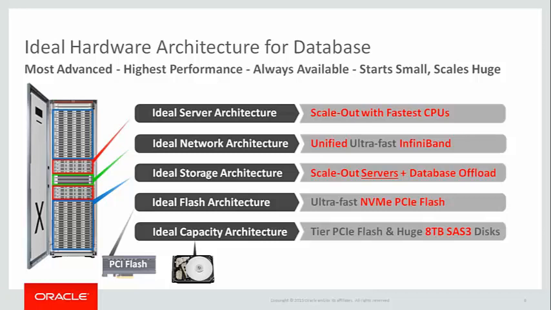In addition, Exadata offers ideal capacity architecture because it tiers a huge amount of flash in front of the 8 terabyte large SAS drives. And so you get the performance of flash with the capacity of large drives. So in a nutshell, Exadata offers ideal hardware architecture for the databases.